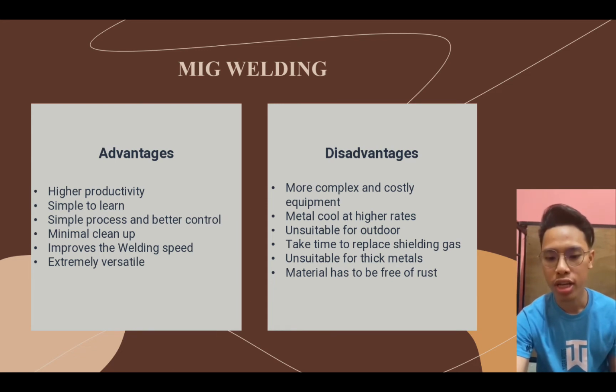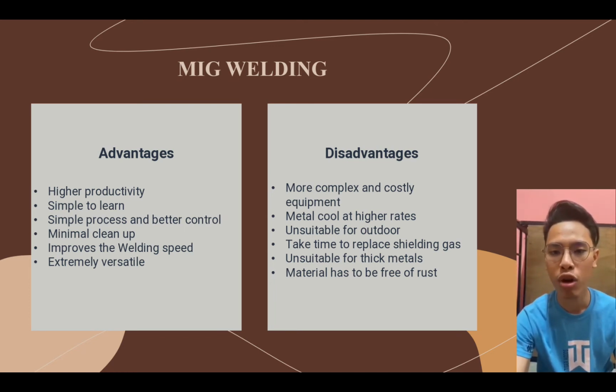The fourth is that it has no slag to remove and minimal cleanup. Number 5, it improves the welding speed and overall control for industrial productivity. And the last one is that it is extremely versatile and can weld a wide variety of metals.